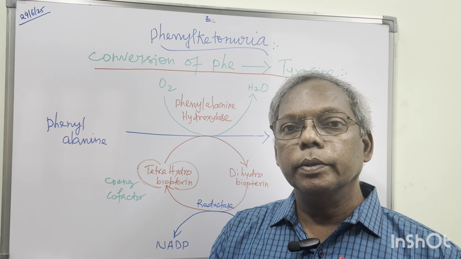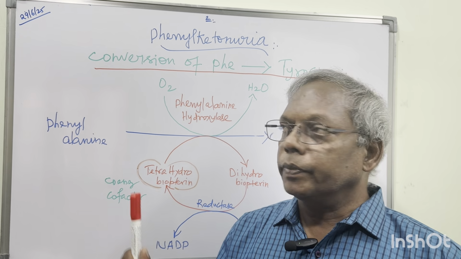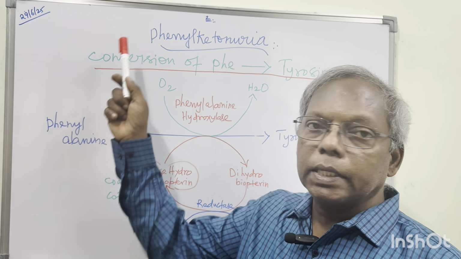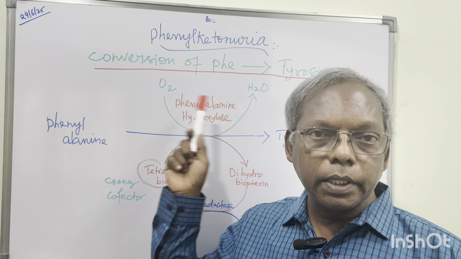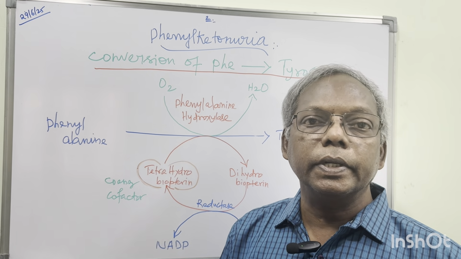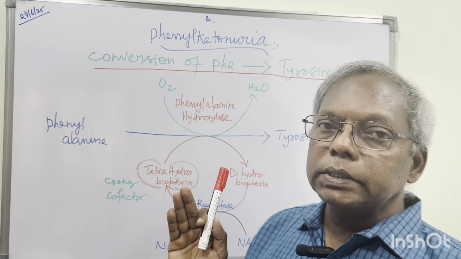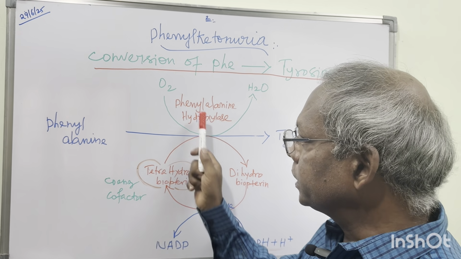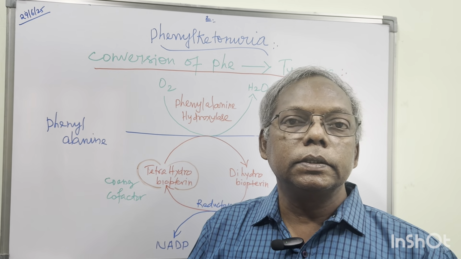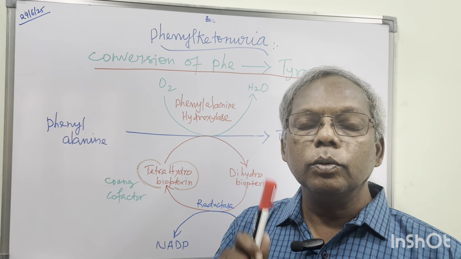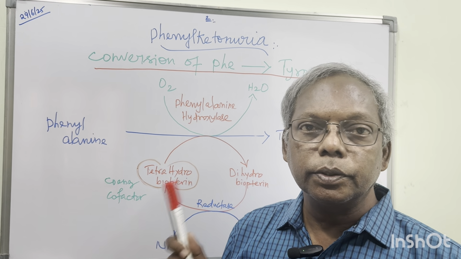If there is any defect in this conversion of phenylalanine to tyrosine, the defect is called phenylketonuria. Before going to the description of the disease, first we have to draw the reaction of how phenylalanine gets converted into tyrosine.